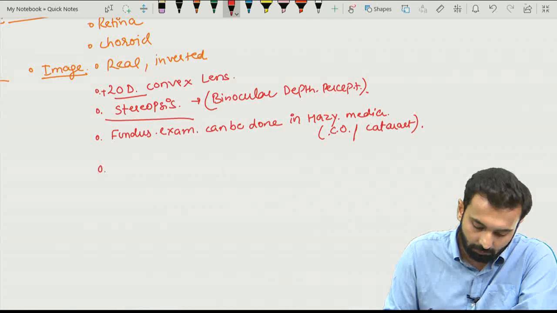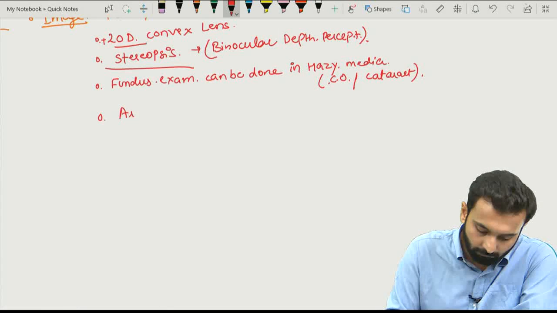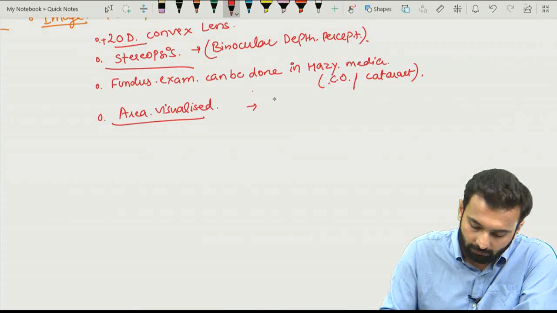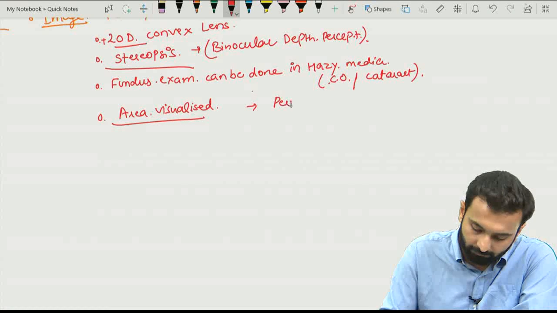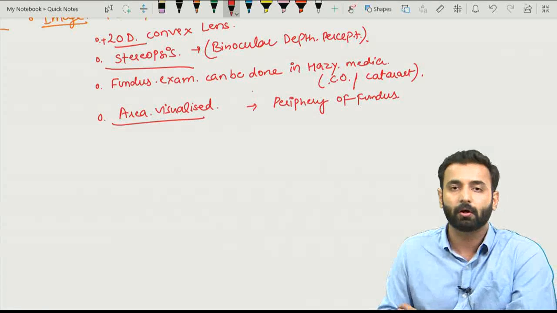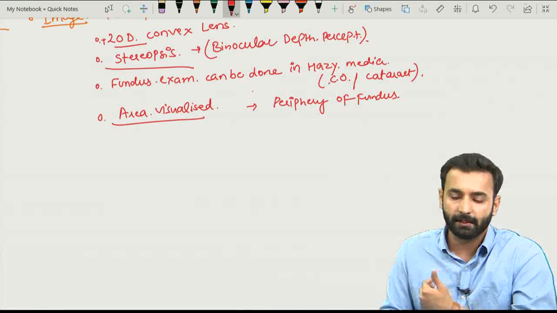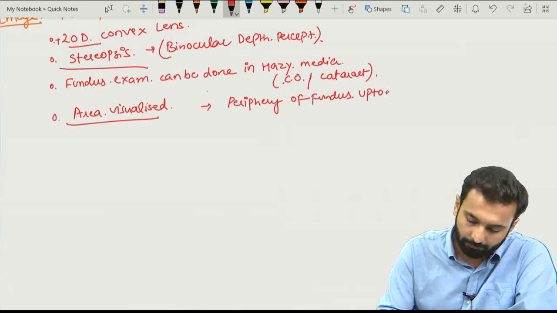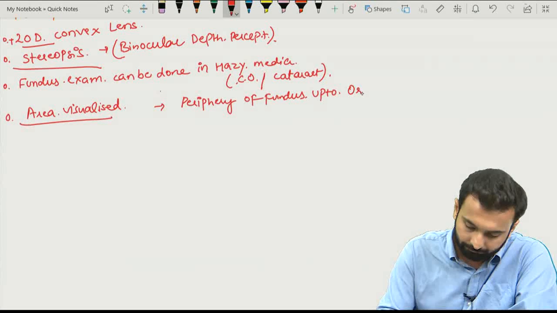Right? Now, what area do we see by indirect ophthalmoscopy? The area visualized is the periphery of the fundus. This is the advantage of indirect ophthalmoscopy over the direct ophthalmoscope. So, periphery of the fundus up to ora serrata, right?